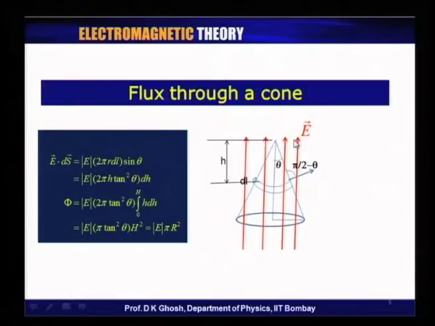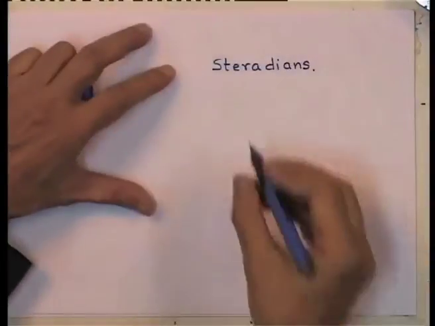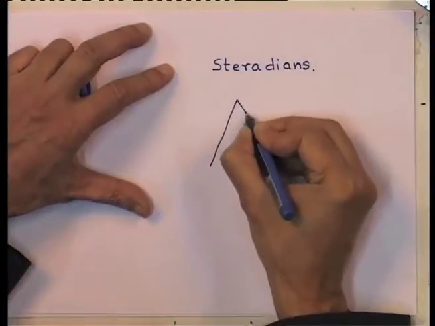Now, I am interested in calculating how much is the flux coming out of that cone. Before we do that, please note that this cone has essentially two surfaces. So, let me draw a cone here.